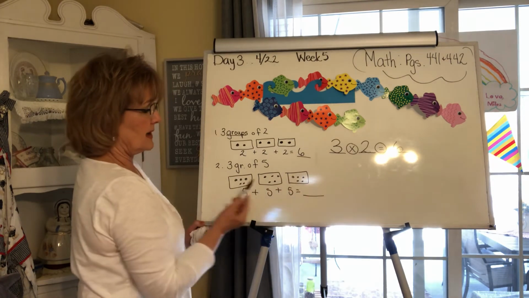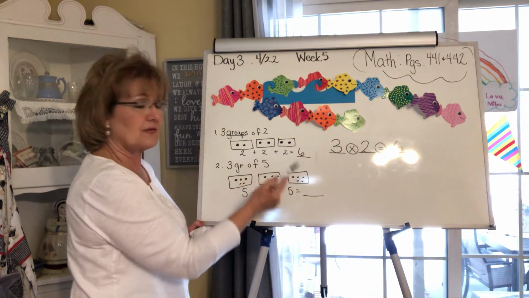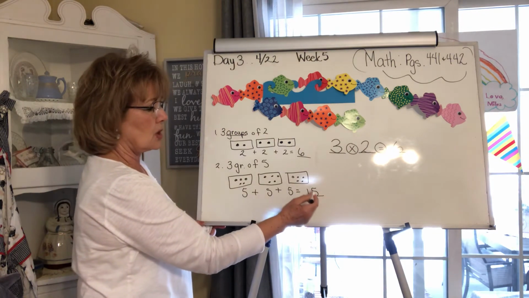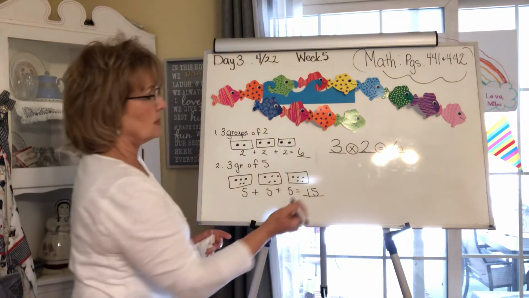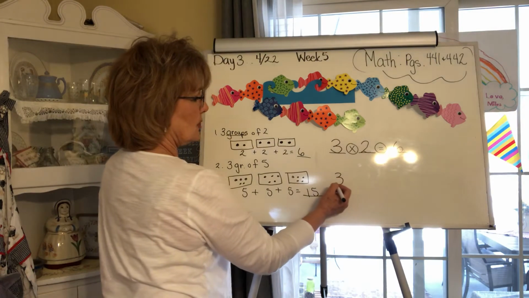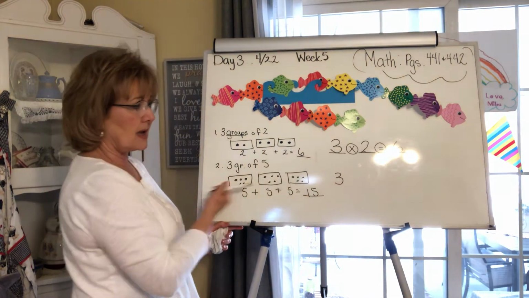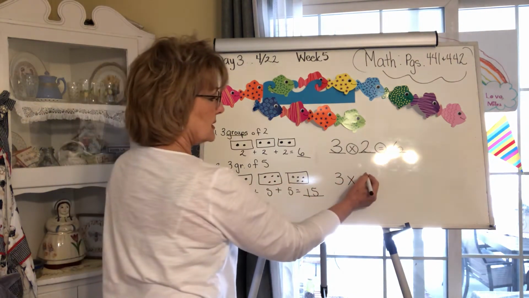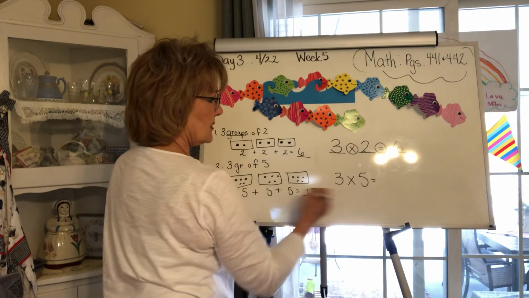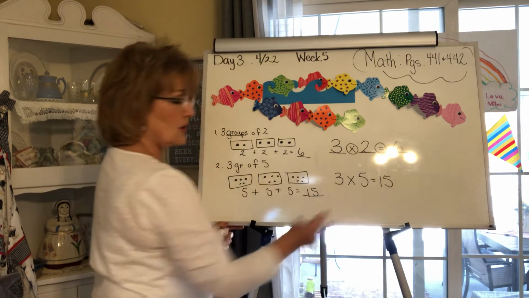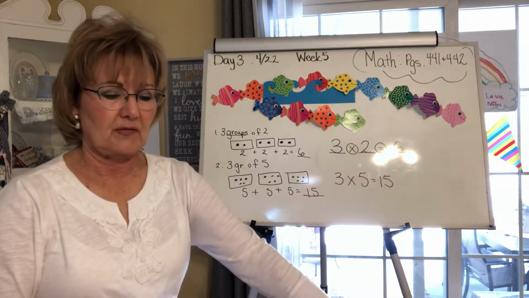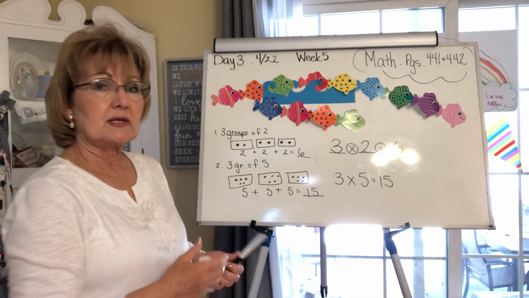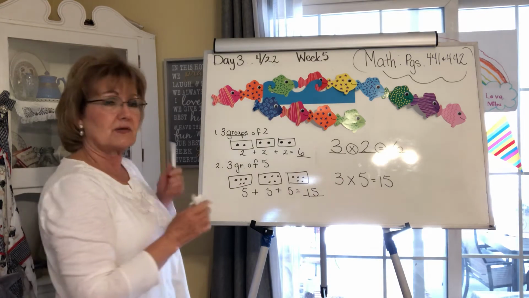You're counting by 5s, right? 5, 10, 15. Or the multiplication route would be still 3 times, you have a 5. You still get 15, right? So that is 3 times 5 equals 15.